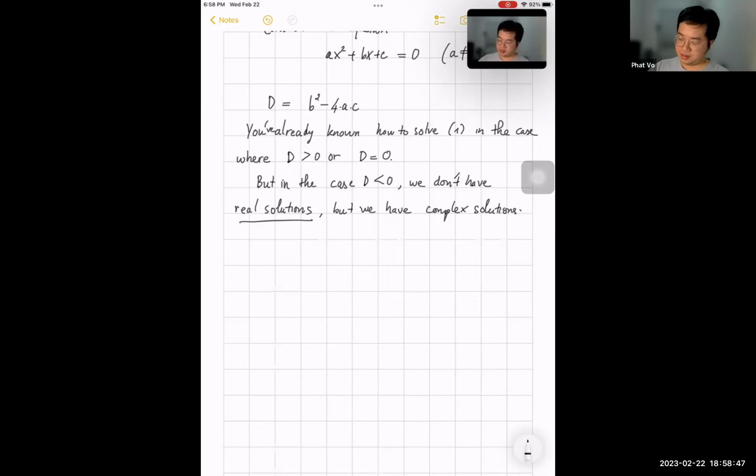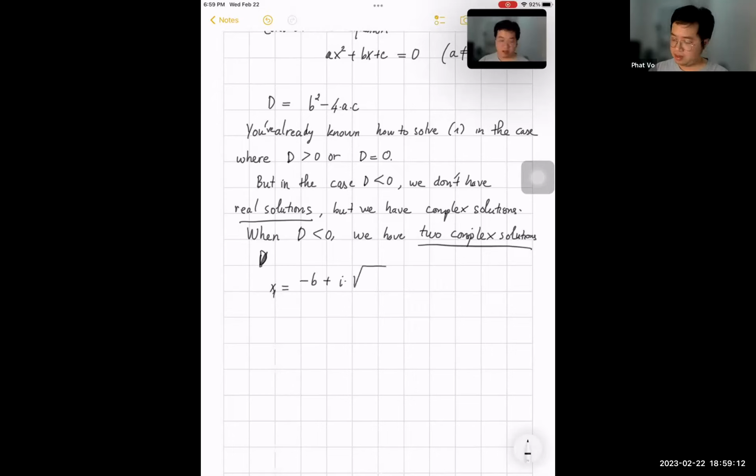The two complex solutions are as follows. The first solution is given by this formula: negative b plus i times the square root of the absolute value of D, over 2a.